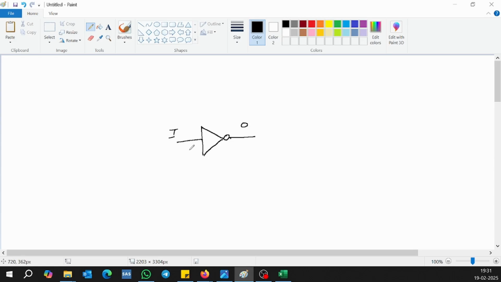In electronic circuits, whenever a signal is on we represent it by 1, and whenever it is off we represent it by 0. These are digital circuits, so they go in ones and zeros. Suppose here the signal is 1, then here the output will be 0 in the case of a NOT gate. This is called the truth table.